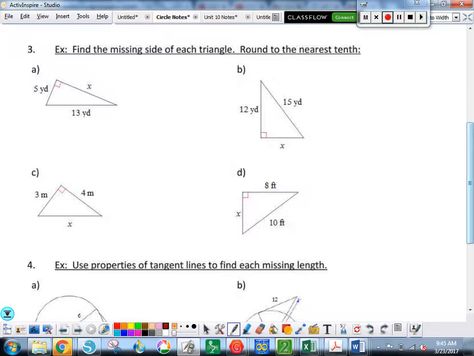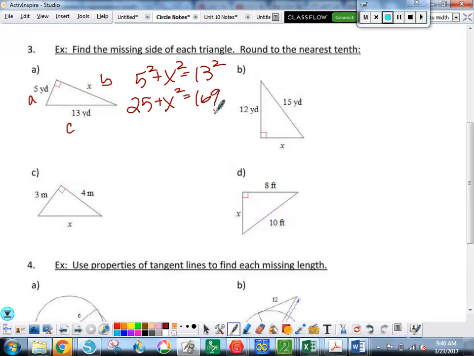Alright, let's practice the Pythagorean theorem really quick to make sure you know how to do it. On part A, which one is a, which one is b, which one is c? I guess c is the only one that really matters, right? So c is the hypotenuse, which means the other two are a and b. It doesn't matter which. So when we set this up, 5 squared plus x squared equals 13 squared. 25 plus x squared equals 169.